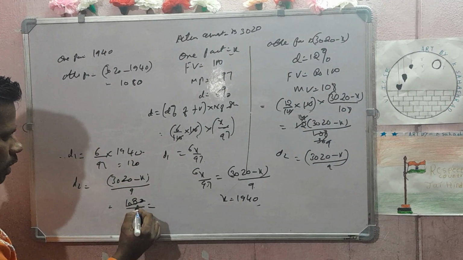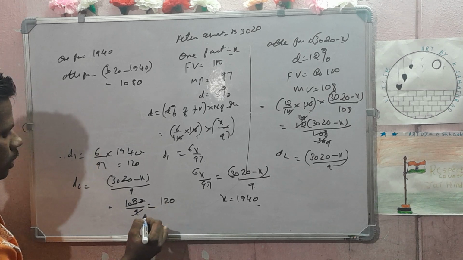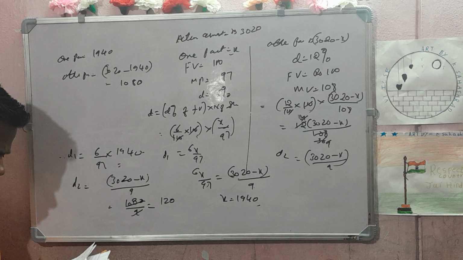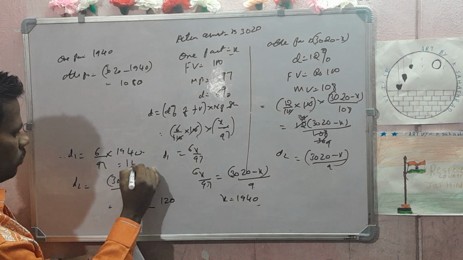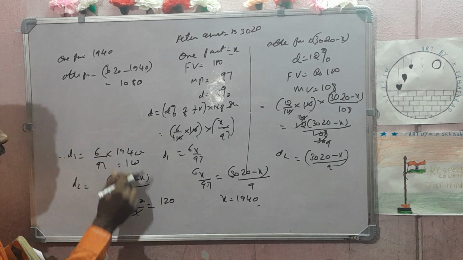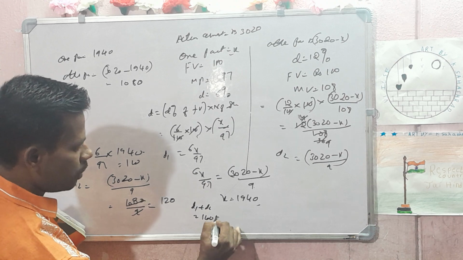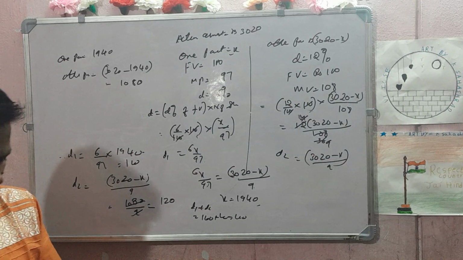This one you can calculate. 9 1s are 9, 9 2s are 18, 120. Both are 120. So total dividend is 120 plus 120. D1 plus D2 is equal to 120 plus 120, 240. So that's it. Very simple.